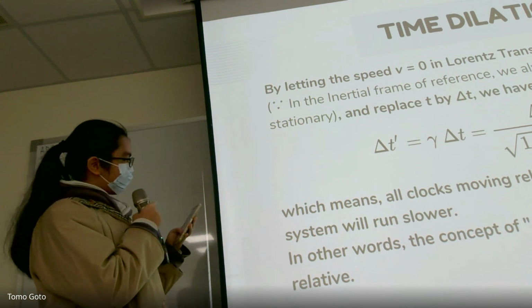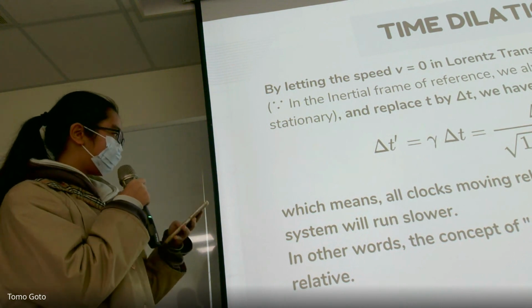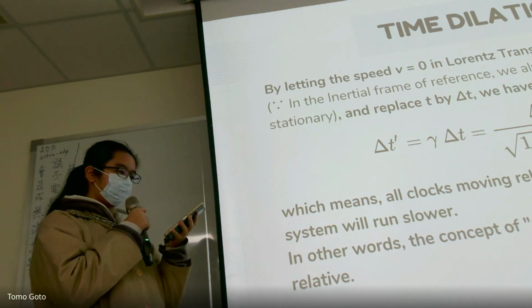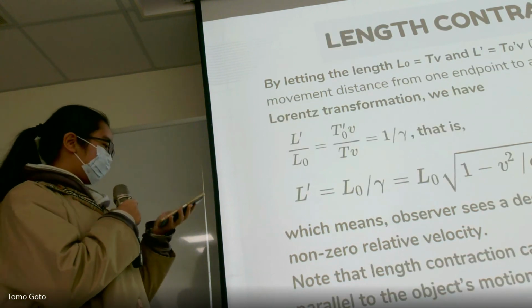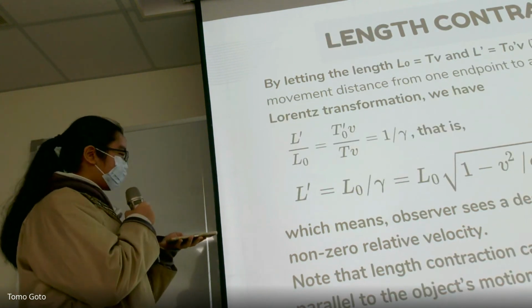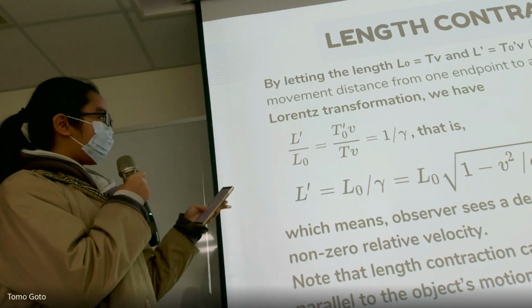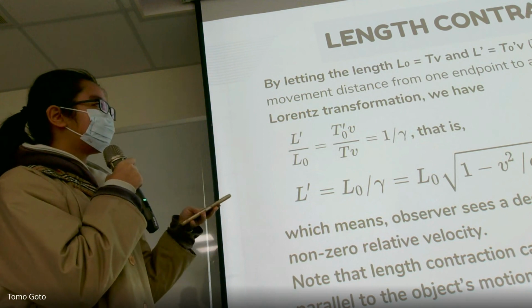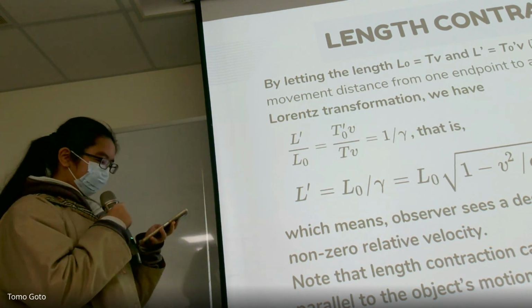In other words, the concept of simultaneity is relative, not absolute. Similarly, after some calculations, we get these equations, which mean that an observer sees a decrease in the length of an object with non-zero relative velocity.